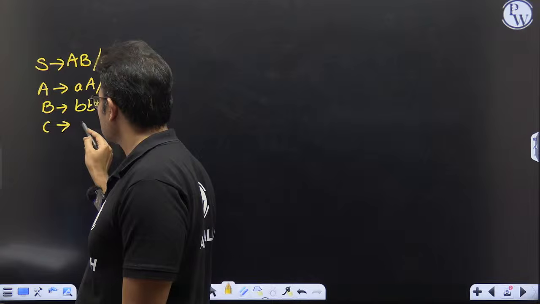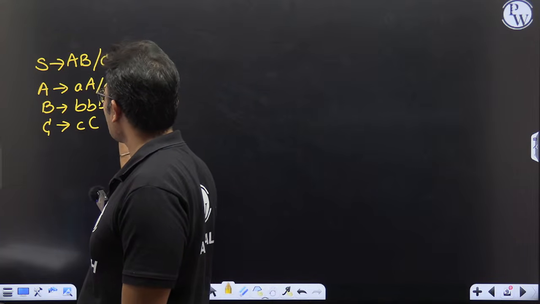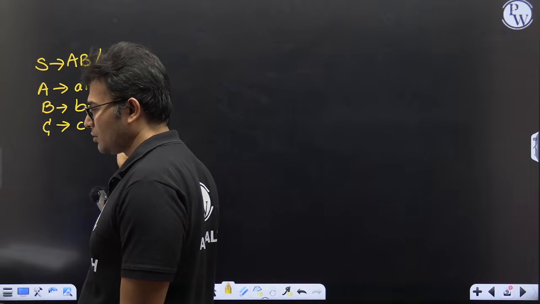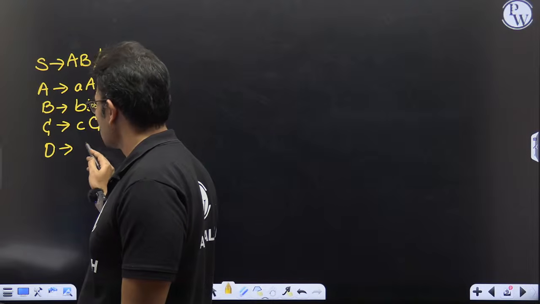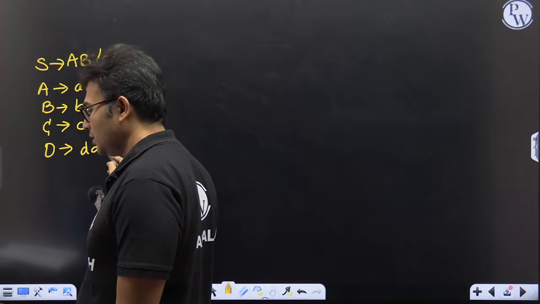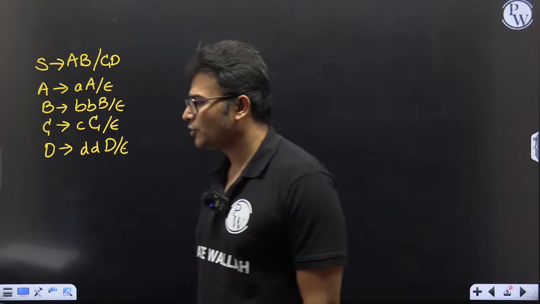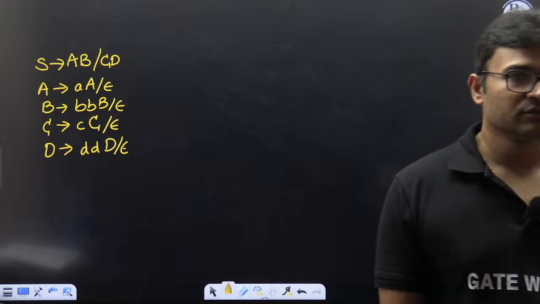C derives CC or epsilon, this is capital C. D derives DD or epsilon. Tell me whether this grammar is ambiguous.